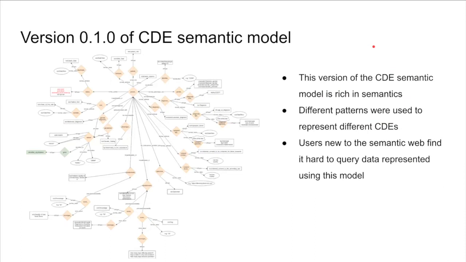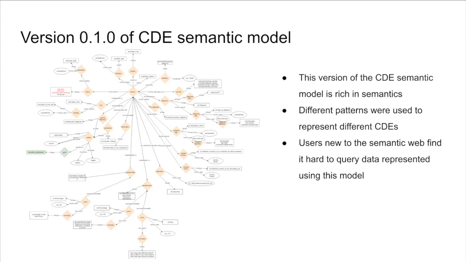So this is our first version of the CDE model. As you can see, it's quite elaborate and large. This version of the model is semantically rich, but it took quite a lot of time for us to come up with it. You can also see that we used different patterns for each CDE in this model.